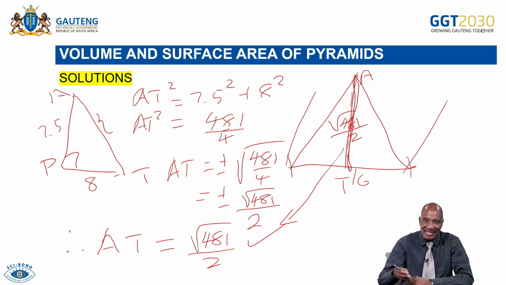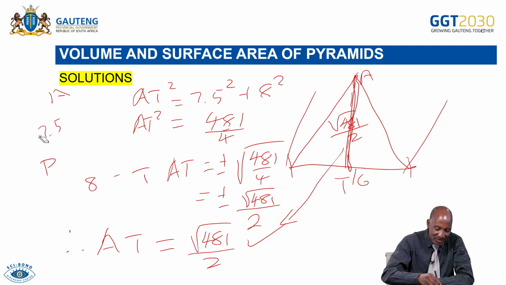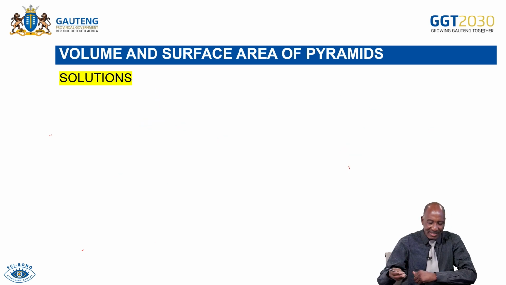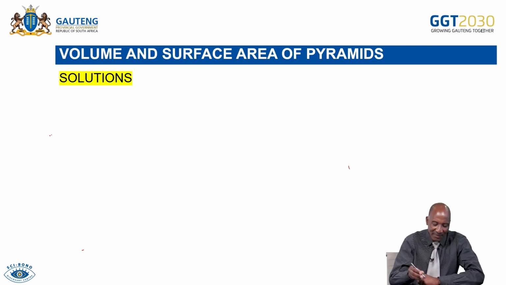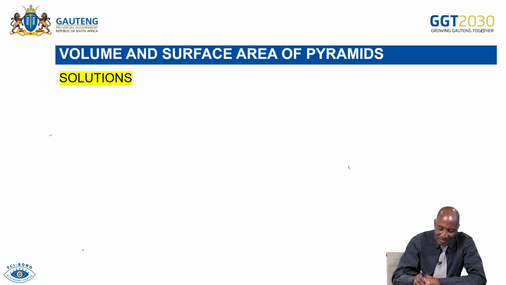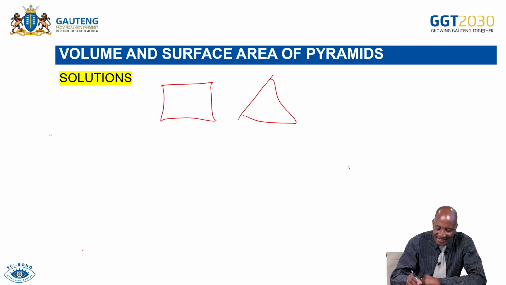Our total surface area, let's quickly have space here. Right, let's have a look at our total surface area. Remember, there is a square base and then there are these 4 triangles, which is 16 there. That is our root 481 over 2.